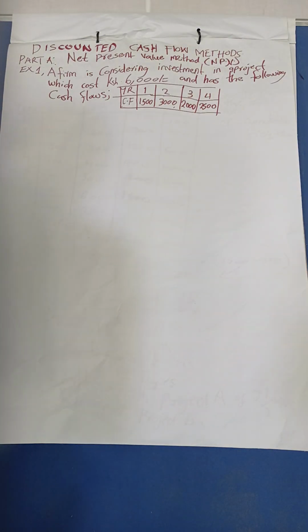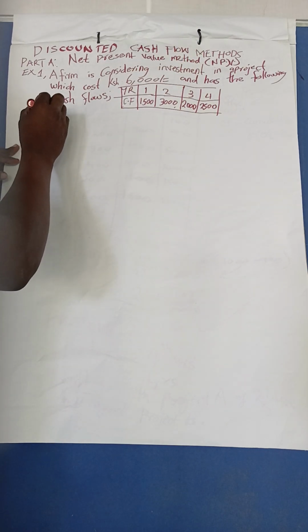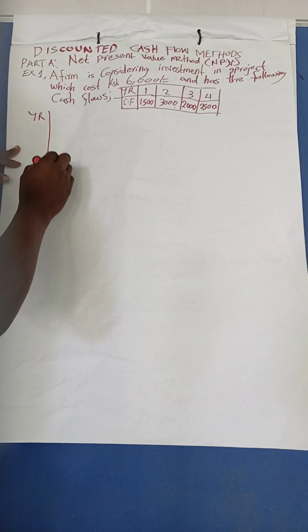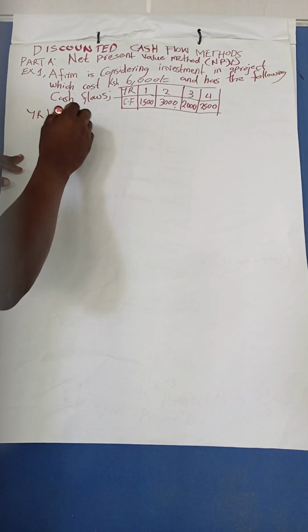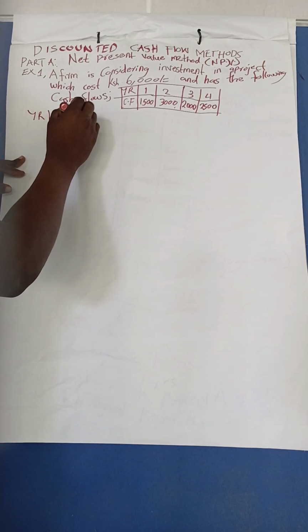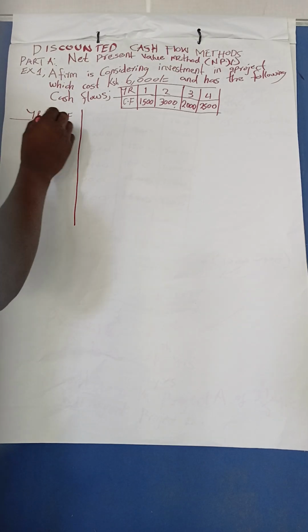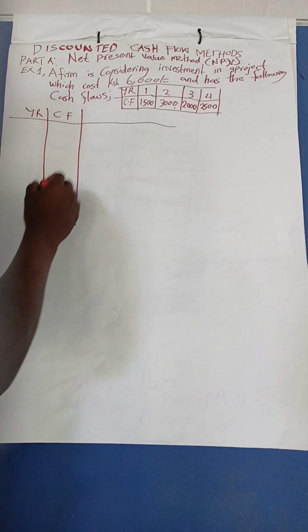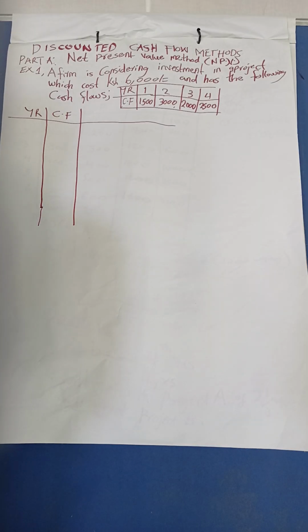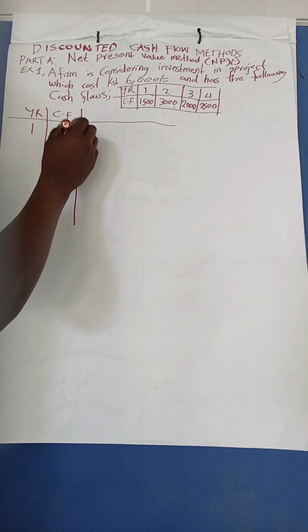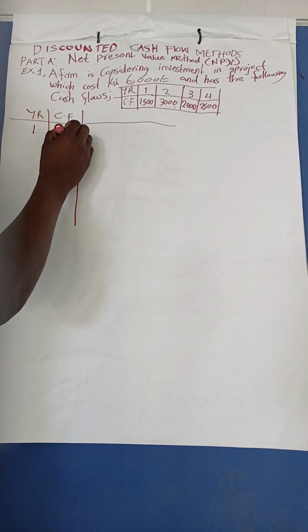When you have been given a question like this, first come up with a table here. Then we'll have here cash flow. So after that, you come with a table. In year one, we have 1,500.